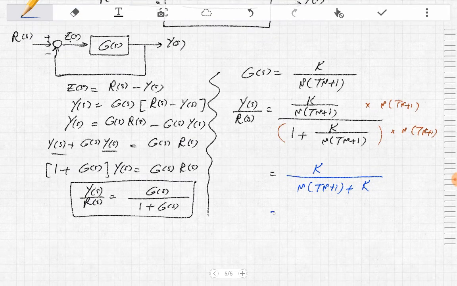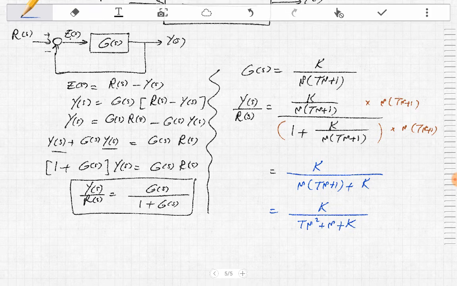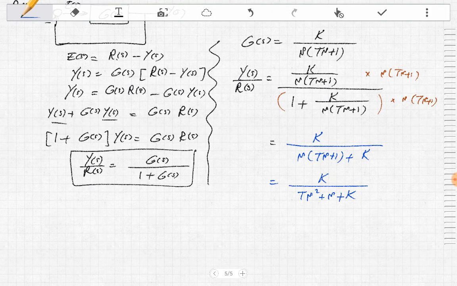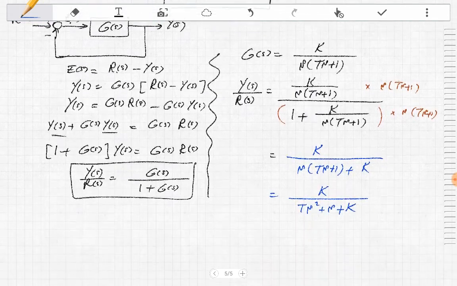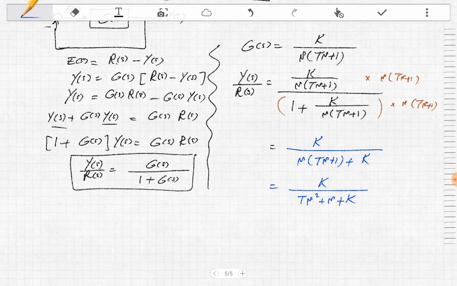Now it's getting better without fractions. You have K over Ts squared plus s plus K. All right, so I got the final thing. If you like to put it in the form that you used, s squared doesn't have anything in front of it, it was just s squared, right? So I take T as a common factor.